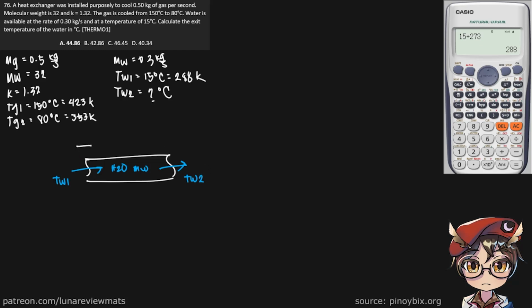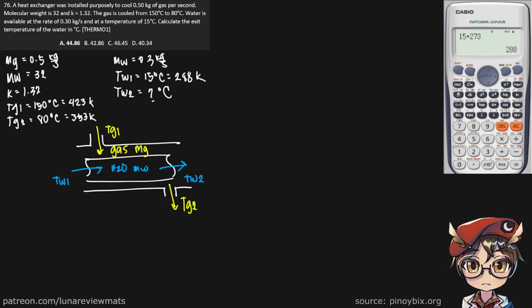And then we have the chamber where the gas is going through. So let's call this gas, and this is where Mg is. This is where Tg1 is, and this is where Tg2 is.